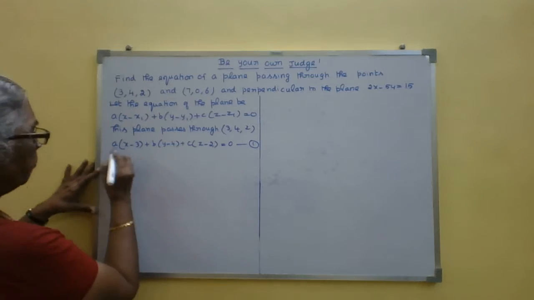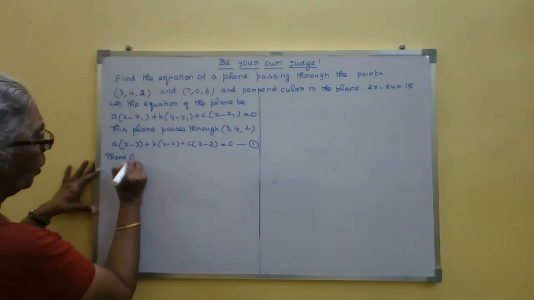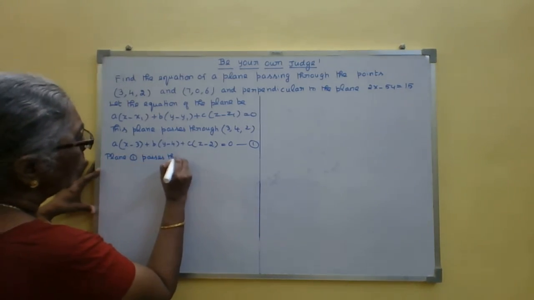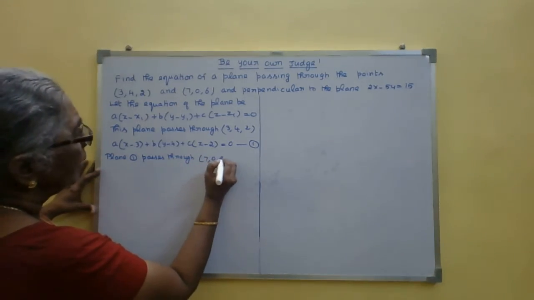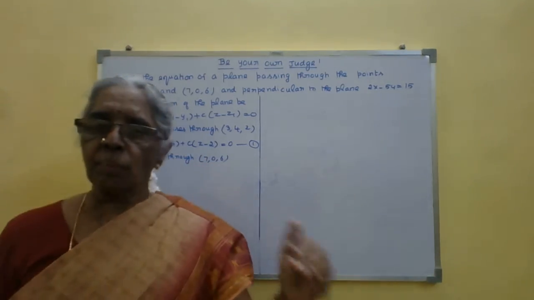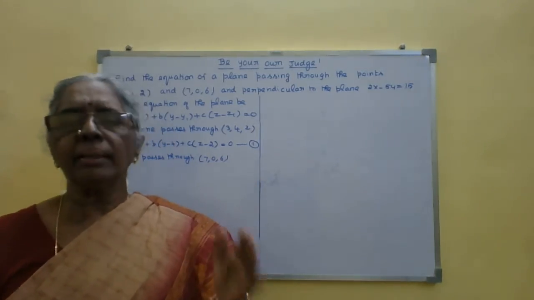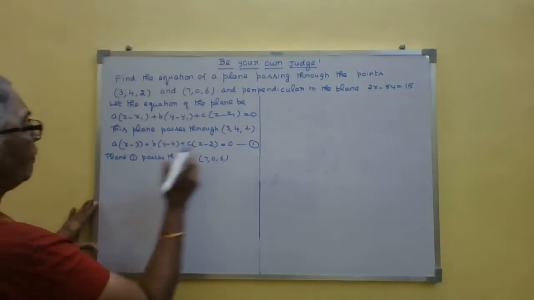Now this plane 1 passes through the other point also. Plane 1 passes through, you write the second point now, that is 7, 0, 6. Now you substitute it in the place of x, y, z. Okay, the first point in the place of x1, y1, z1, the second point in the place of x, y, z.